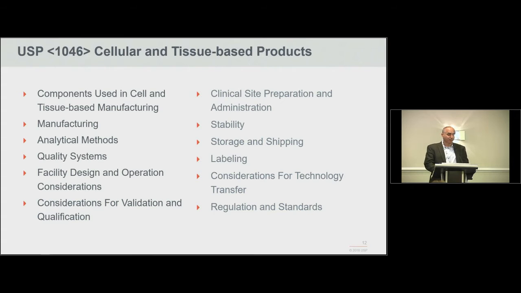So there is a suite of chapters, 1032, 1033, 1034, that cover the design, the validation, and analysis of biological assays. And chapter 1046 will just make a reference to those, in addition to some of the general considerations for stability, storage and shipping, labeling, considerations for tech transfer, and regulation and standards.